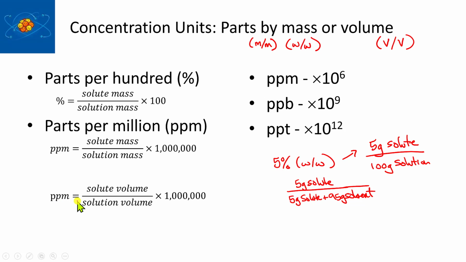So parts per million as a volume percent would be solute volume divided by the solution volume. And this is the kind of concentration unit that makes sense when you're dealing with liquid solutions. So if you're taking a liquid and dissolving it into another liquid, percents by volume are often the best or easiest way to describe those.